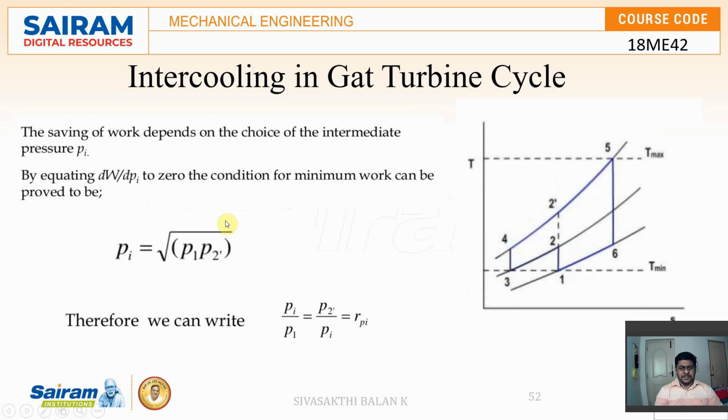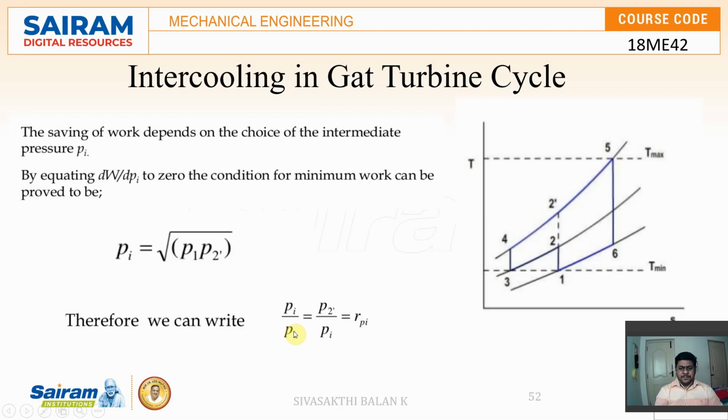To get the optimum pressure ratio, that is the minimum work, we need to differentiate the compressor work with respect to intermediate pressure and equate that to 0. When dW/dPI is equal to 0, it produces the minimum work, and the intermediate pressure is the square root of P1 times P2'.